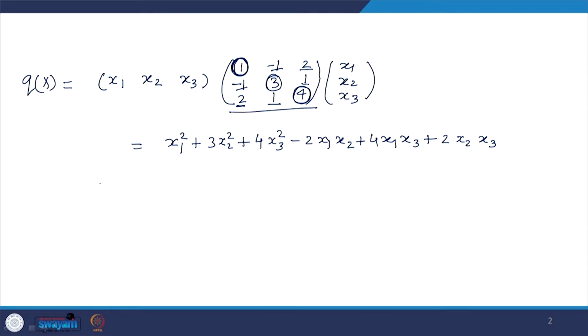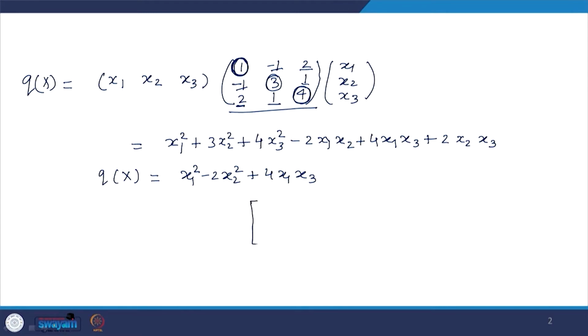Similarly, if a quadratic form is given to you, let us say q(x) equals x 1 square minus 2 x 2 square plus 4 x 1 x 3, then what will be the corresponding matrix?